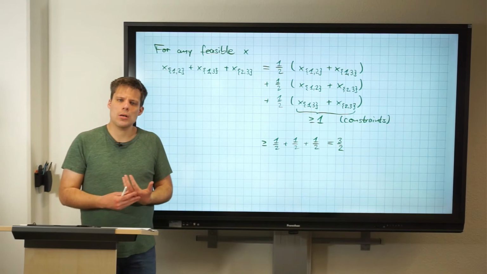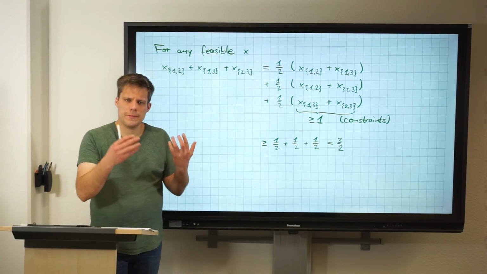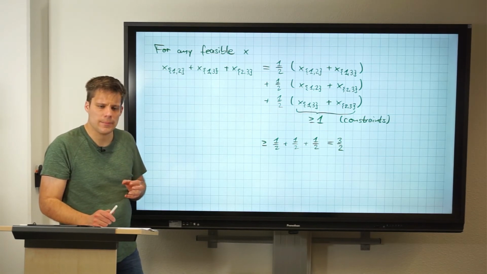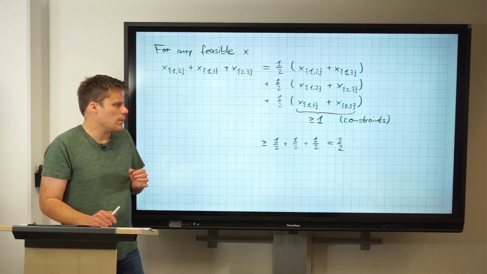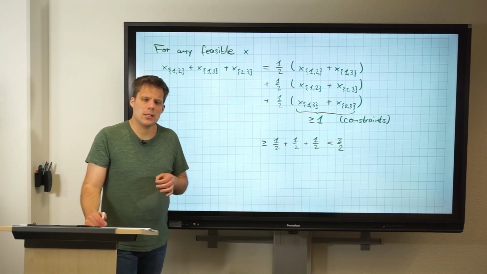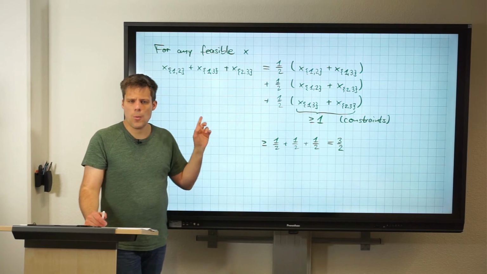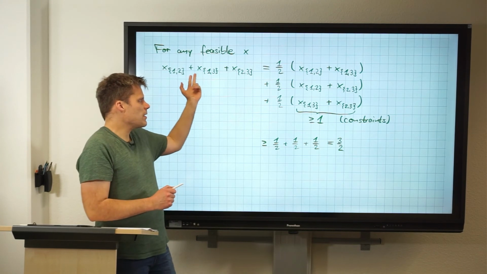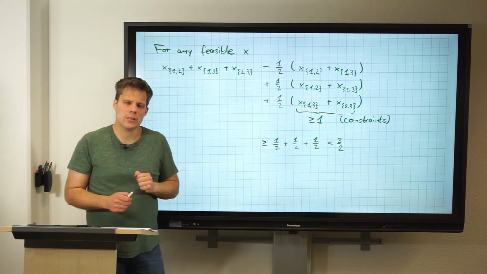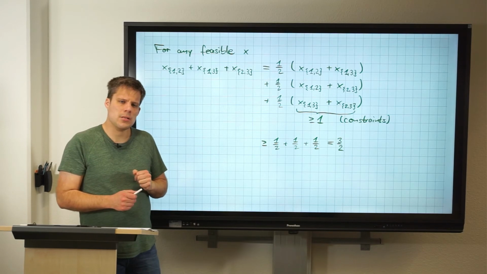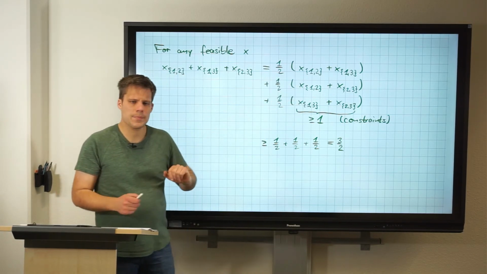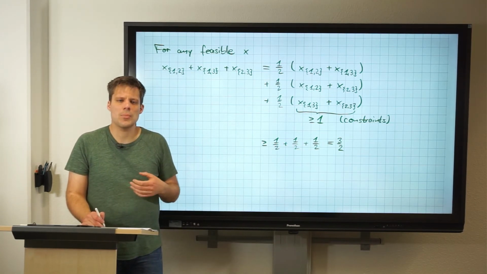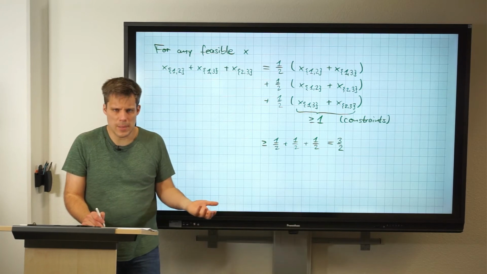So this is just one kind of ad hoc proof that one cannot do better than 3 halves in this case. But the amazing thing about LP duality is that you can always do these kinds of proofs. You always find a way to rewrite your objective function so that then you can apply the constraints to get a bound on the objective function value, in the case of a minimization problem.